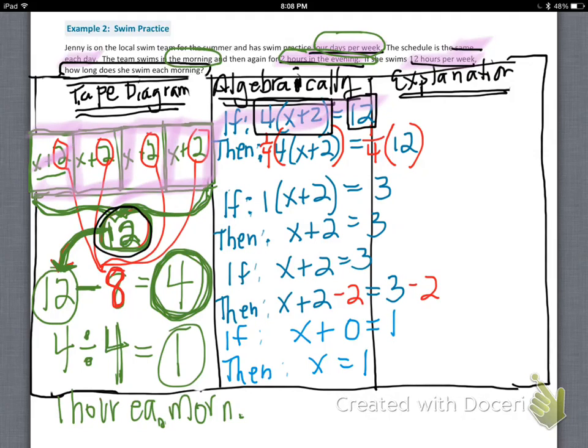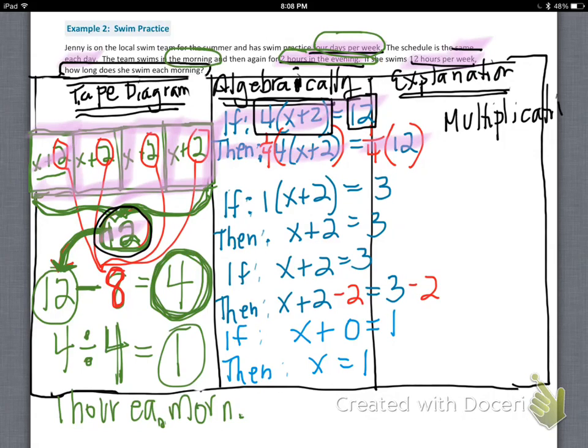Okay, then 1/4 times 4(x + 2) equals 1/4 times 12. Okay, and that's this whole idea of the multiplicative identity. That's when we make our way to 1.